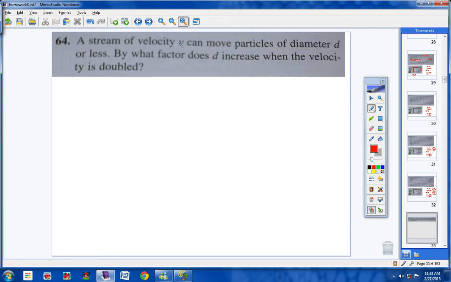The diameter that is being moved, I'm reading the directions, guys, right above number 63, varies directly as the square of the velocity. Now, I'm not trying to make you feel dumb if you're struggling with this, but that's pretty simple to do, guys. I got that right out of the directions.